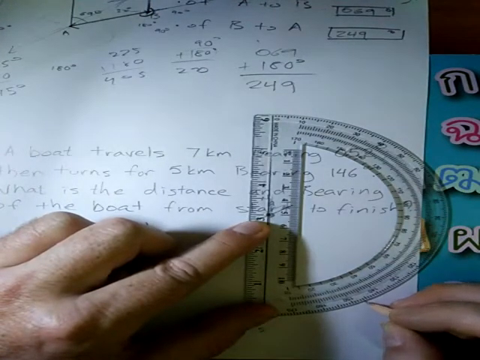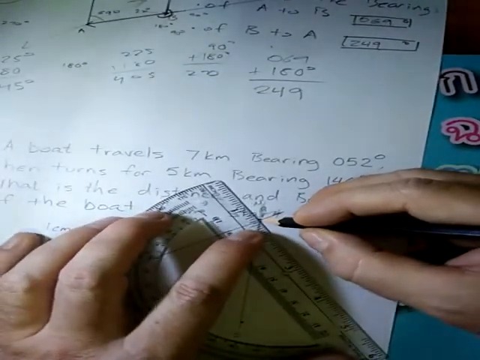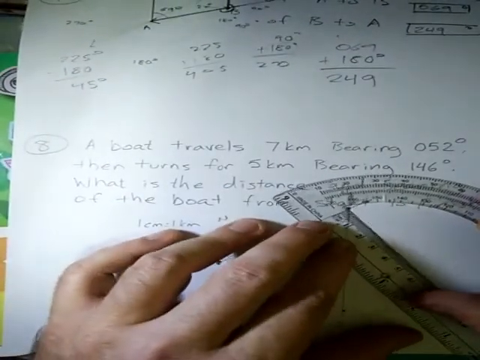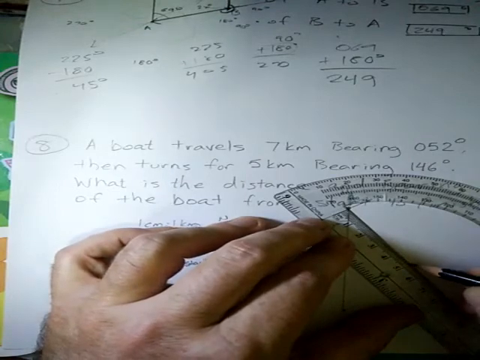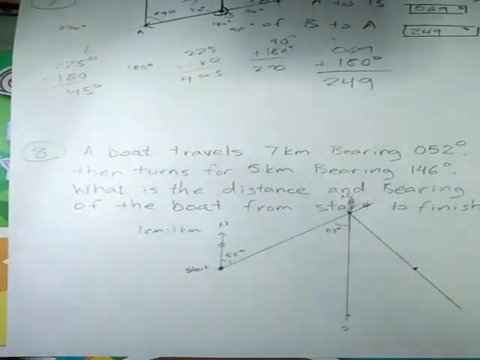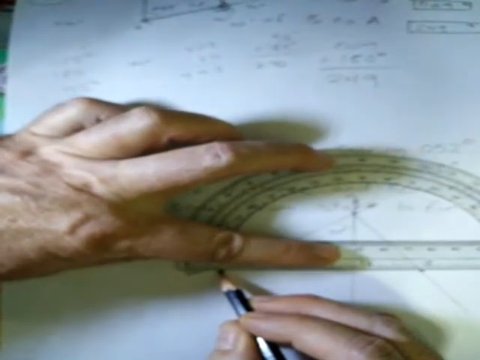There's 146. So I'm going to draw a line from here through that point. And it says that it did this for 5 kilometers. So I'm going to measure out a distance of 5 centimeters.